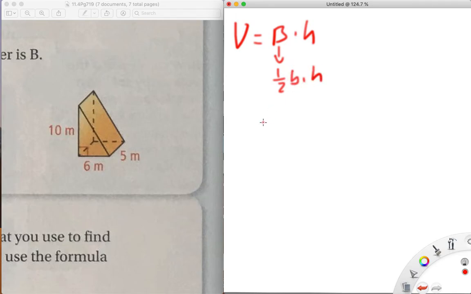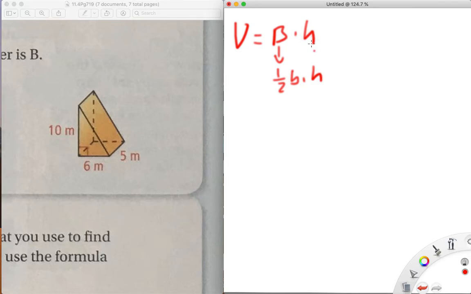Notice that we have two different bases. We have a lowercase b and an uppercase B. The uppercase B refers to the base of the prism. The lowercase b refers to the base of the triangle.